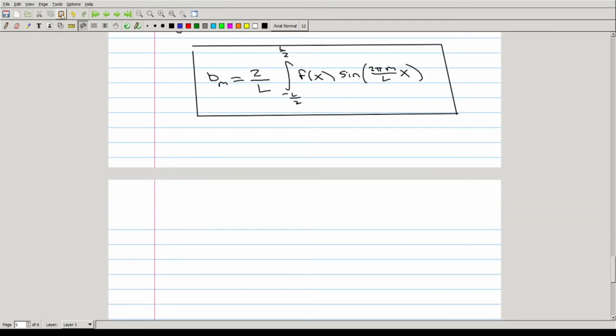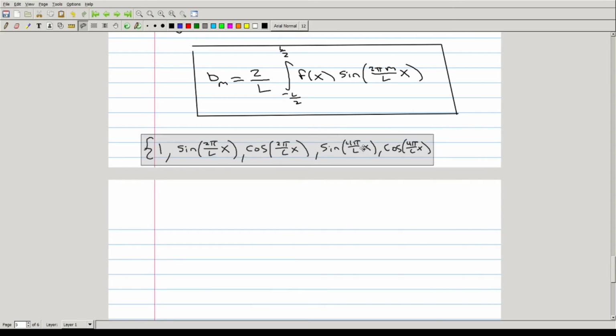This is an idea of taking our function space. I haven't specified what that function space should be, but we're looking at the basis of functions 1, sine of 2 pi over L x, cosine of 2 pi over L x, sine of 4 pi over L x, cosine of 4 pi over L x, all the way to infinity.